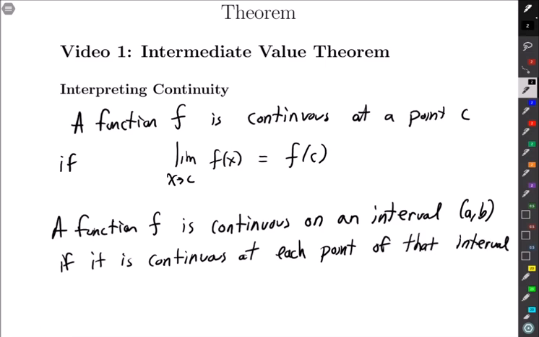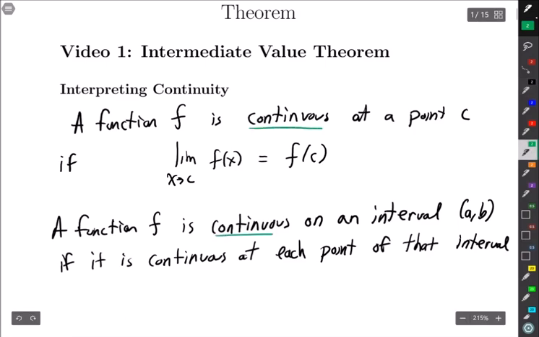And so there's two main ways we can intuit what this definition of continuity means. The first is by looking at just what it means to be continuous. The limit part tells us what the function looks like it's trending towards as I approach C. So the limit is, okay, where is this function going as I approach C? And then the f of C part is the actual value of the function.